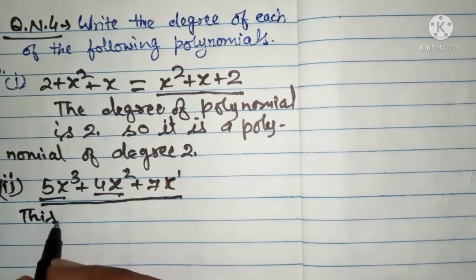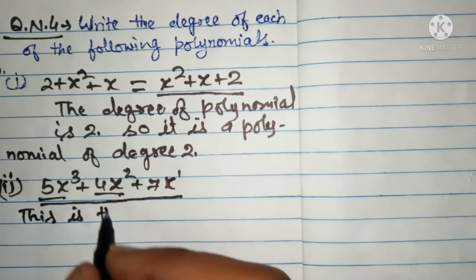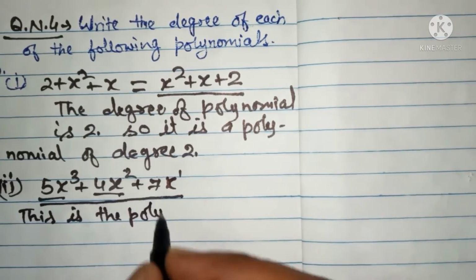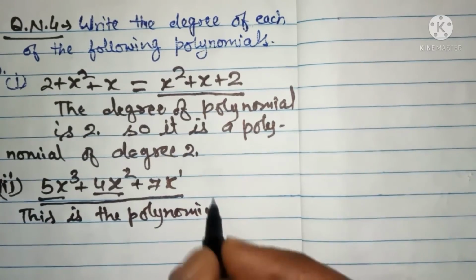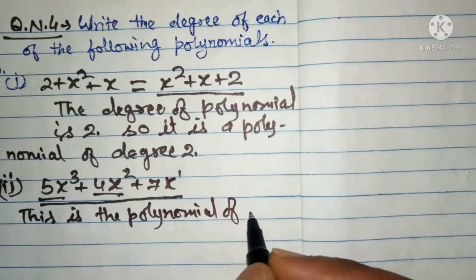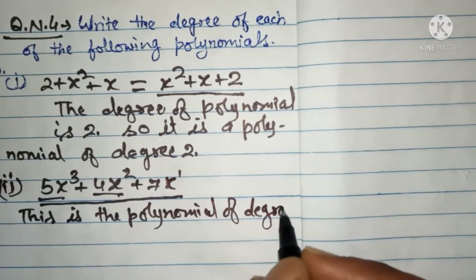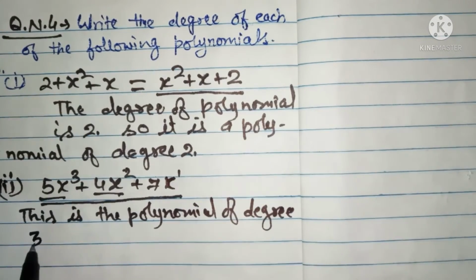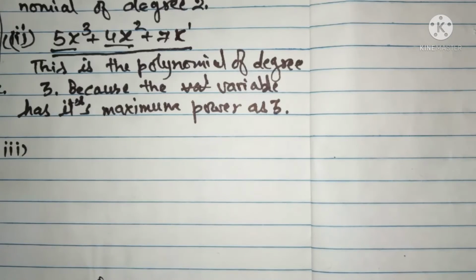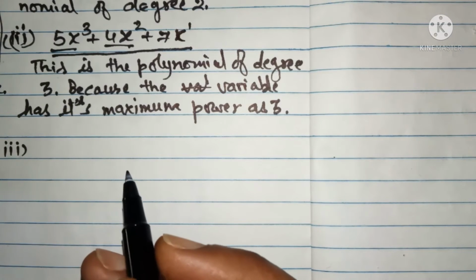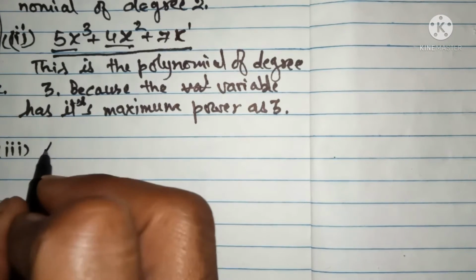This is the polynomial of degree 3. The third part of this question is 4 minus y square.